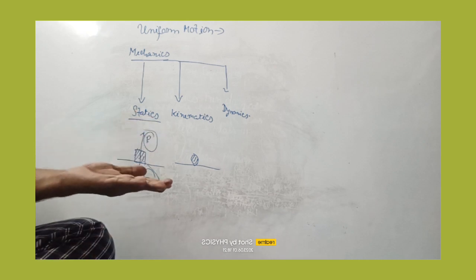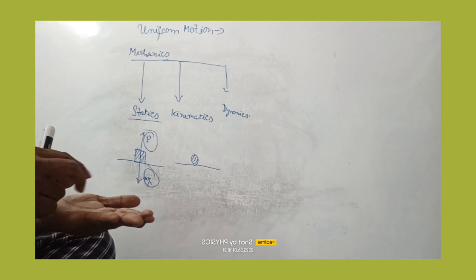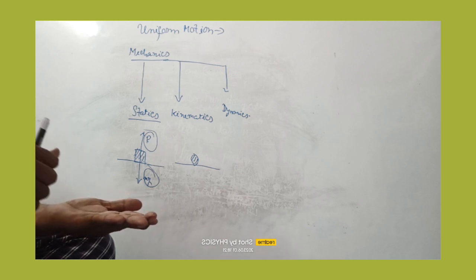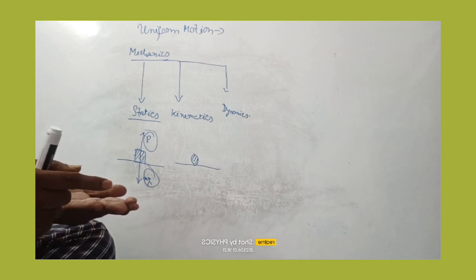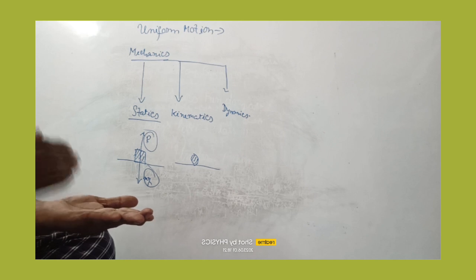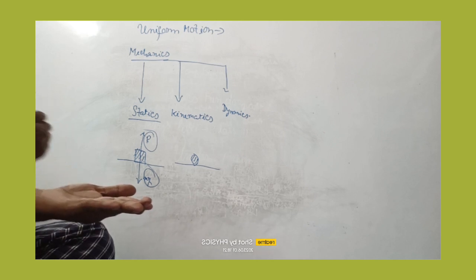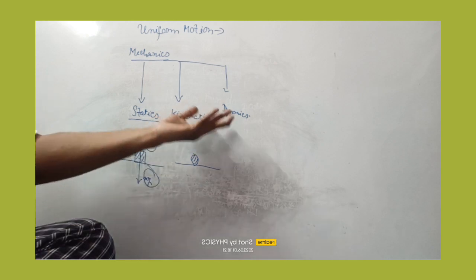That is, if we consider a block or ball on the floor and we give an external force on the object, it will move. We discuss the motion of the object or the ball and also the external force applied on the body. It's called dynamics.